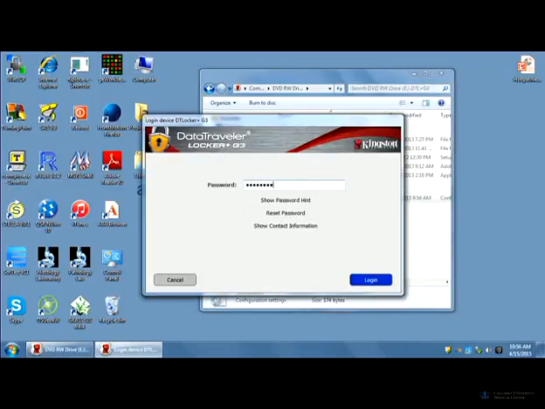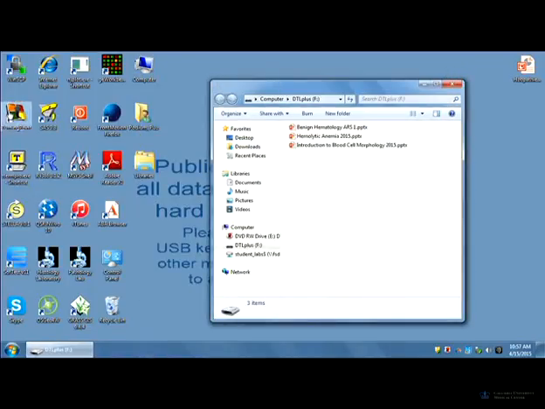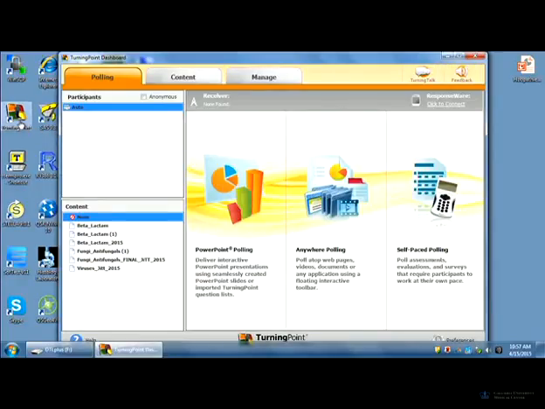This is how you'd sign into Turning Point. So it's generally your email address. It's what you probably set up with Angie. I don't think I ever set up a password. That's the thing. So I'm going to do that tonight. Okay.